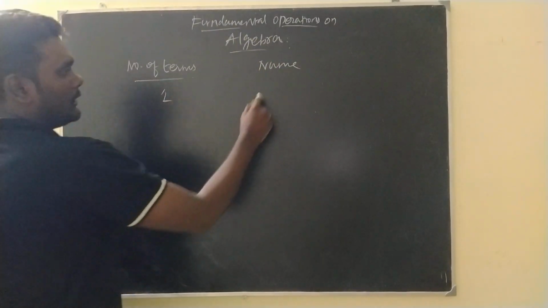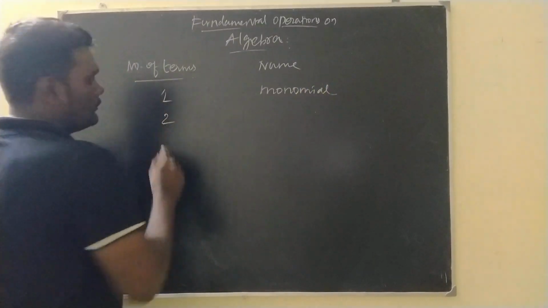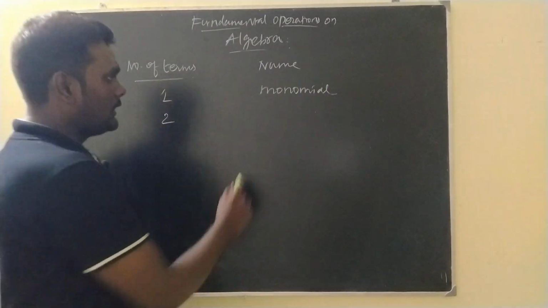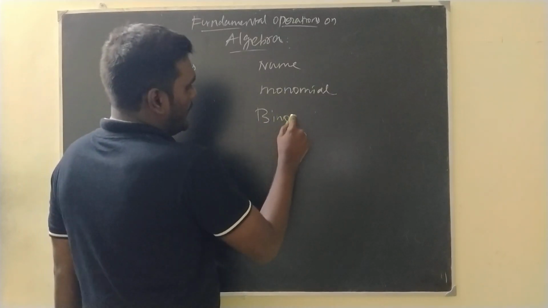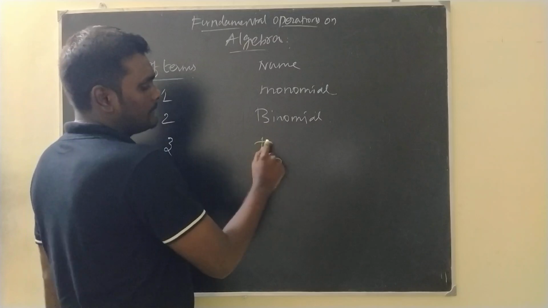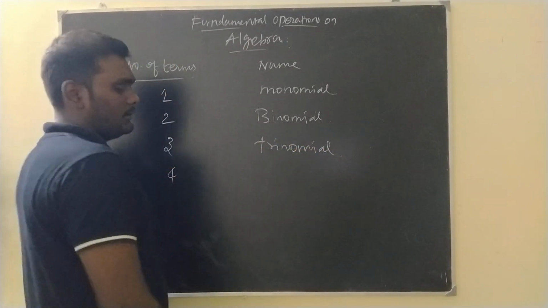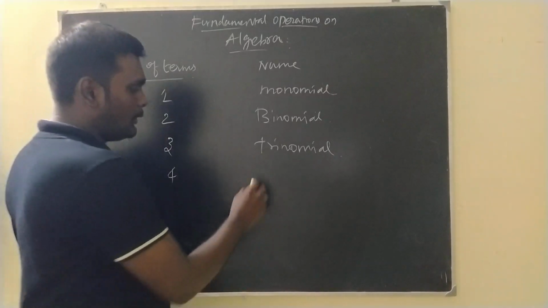So it has only one term means we call it as monomial. If it has two terms, then we call it as binomial. If it has three terms, we call it as trinomial. If it has four terms, simply we call it as polynomial.